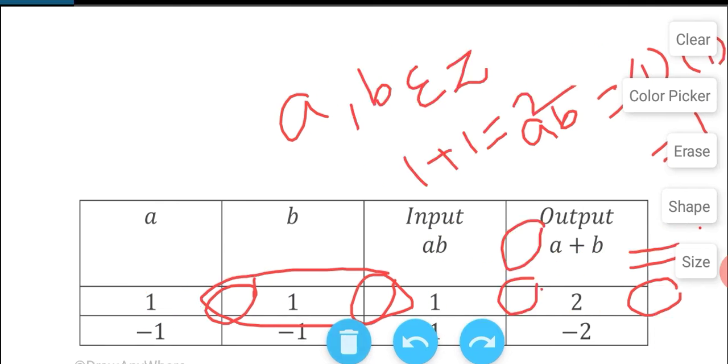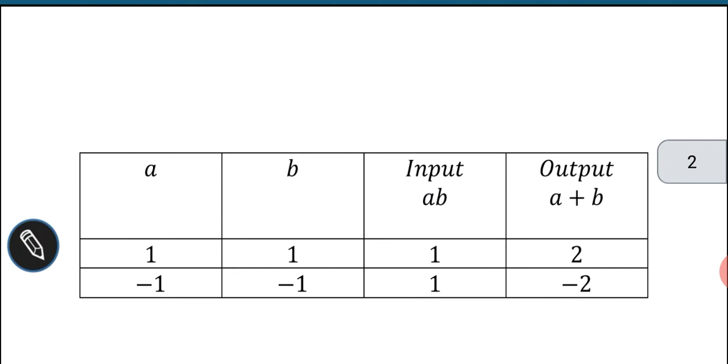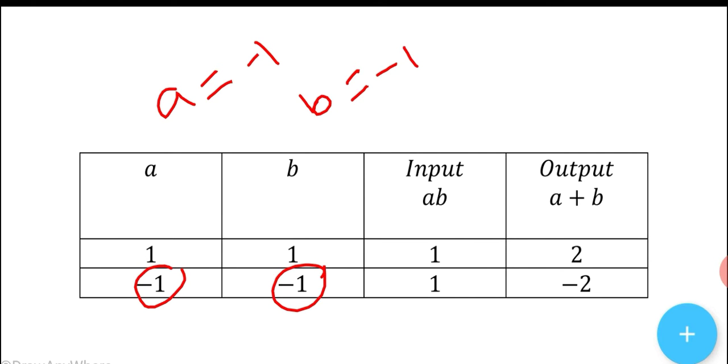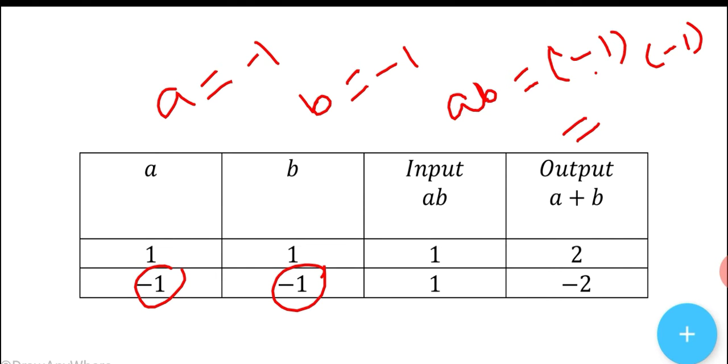Now for negative integers, assume a equal to minus 1, b equal to minus 1. Calculating the input, ab equal to minus 1 into minus 1.